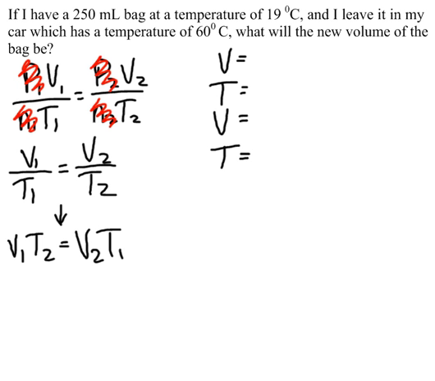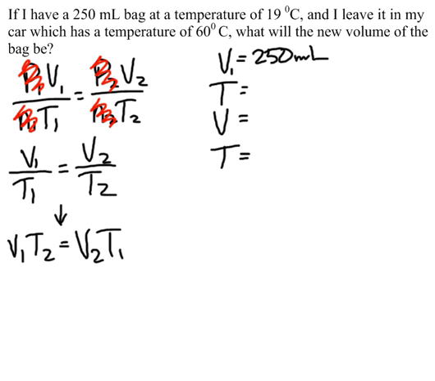We have a 250 milliliter bag at a temperature of 19 degrees Celsius. So my initial volume, my first volume, is 250 milliliters. Now, your volume is in milliliters, and I want to know a new volume, but I didn't specify the unit that I want it in.